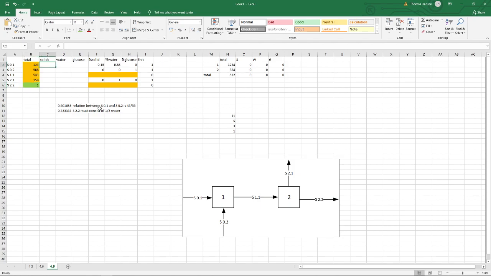And the final thing I need to do is to set up all of these. That was the wrong way, because I want that one. There we go.